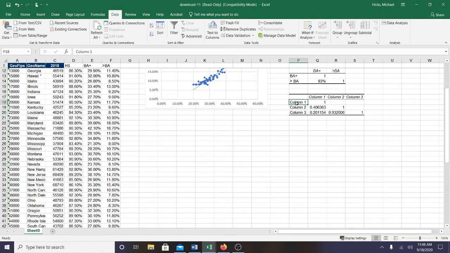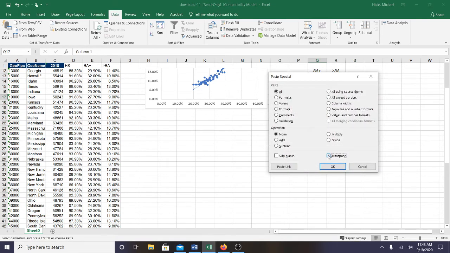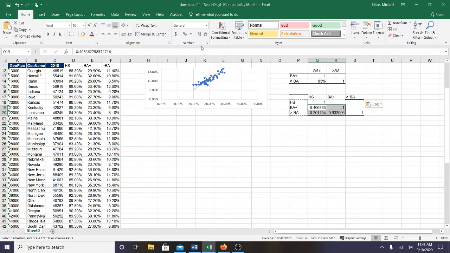So this would be high school, BA or higher, and then higher than a bachelor's degree. And then those three variables also appear in this correlation matrix. And we'll get down to explaining this. So this is the trace against all three.